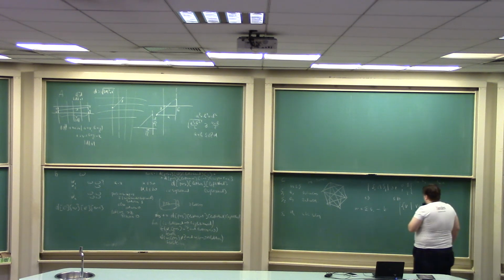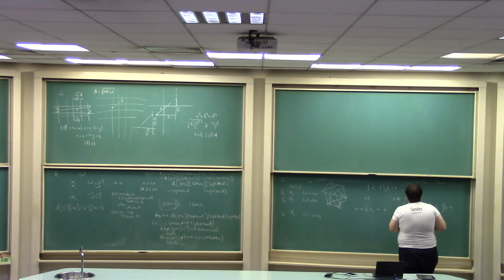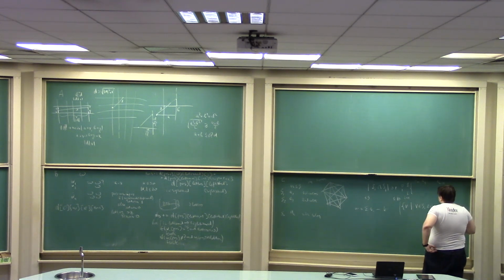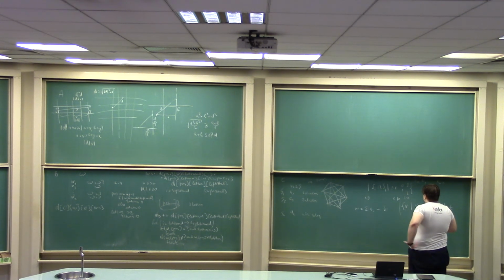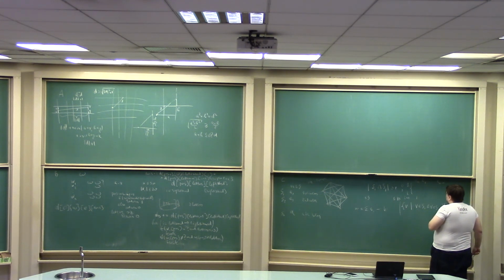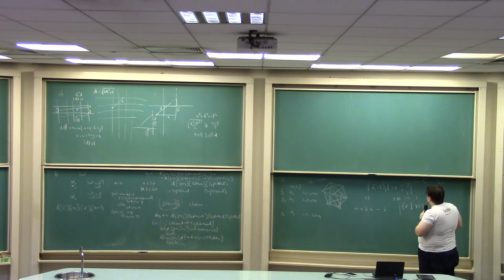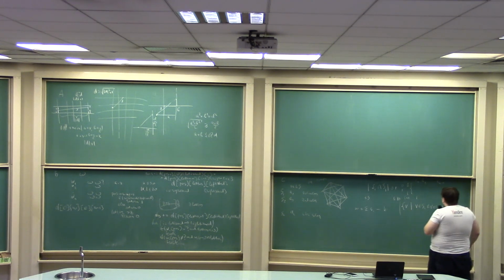So when we process a new color, we will iterate through all these vertices and try to say that this vertex is also a vertex of color i plus 1.